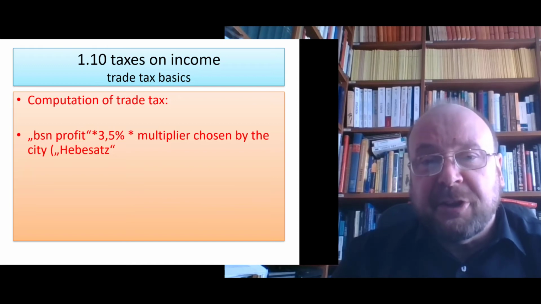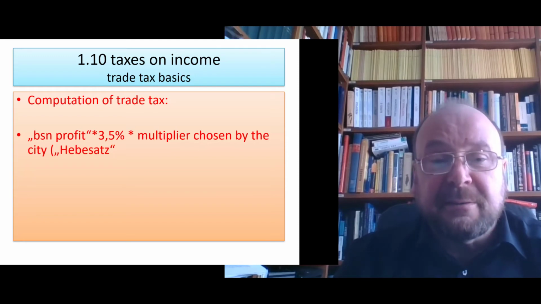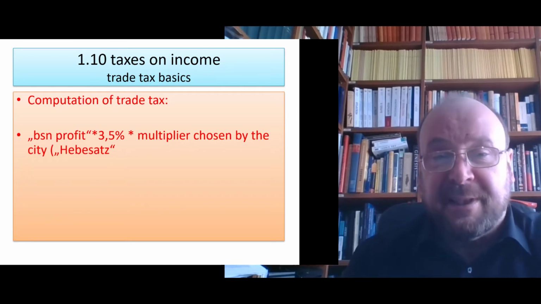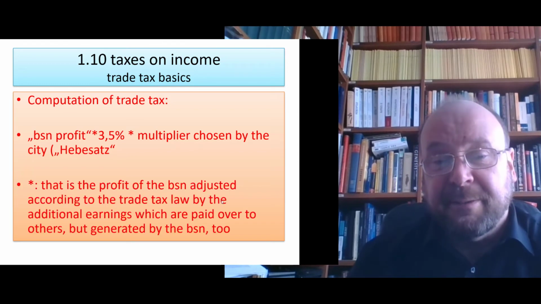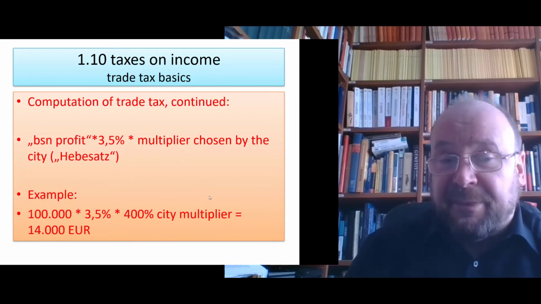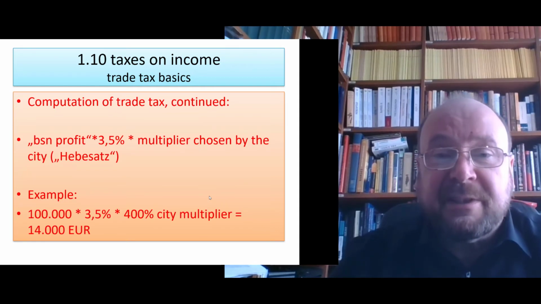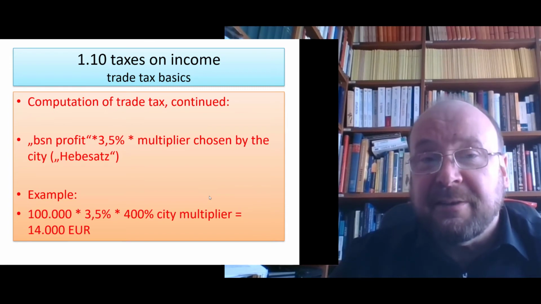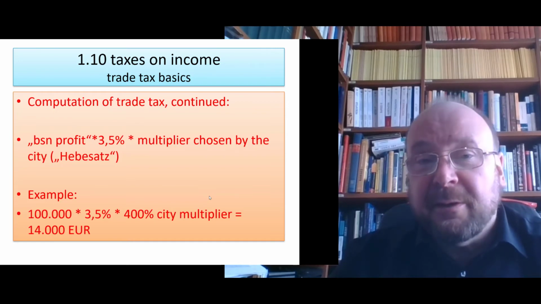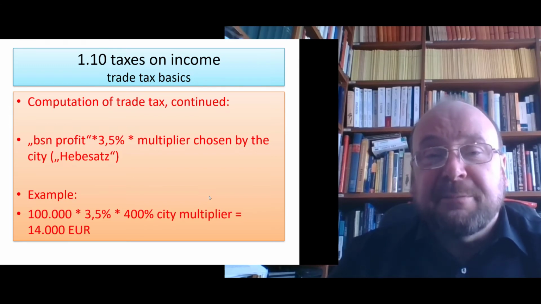So traditionally, the modified business profit is still multiplied with 3.5%, and then with the Hebesatz, the trade tax rate of the city. Now, surprise, these Hebesatz factors, these multipliers or tax rates by the city, can become relatively high, because if you have to finance yourself on only a 3.5 part of the profit of your enterprises, you probably need more money.